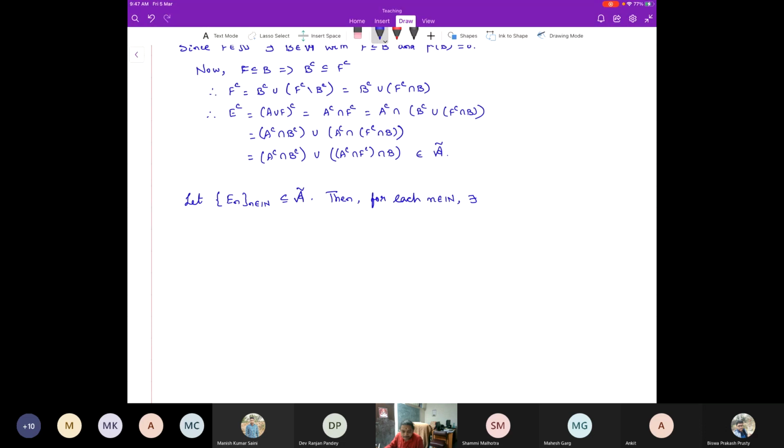there exists An in script A and Fn in N such that En is of the form An union Fn.